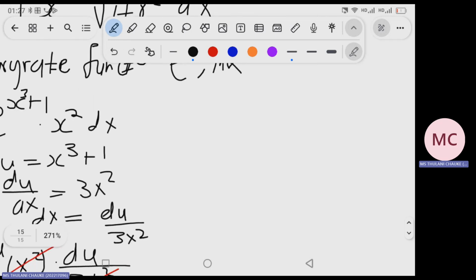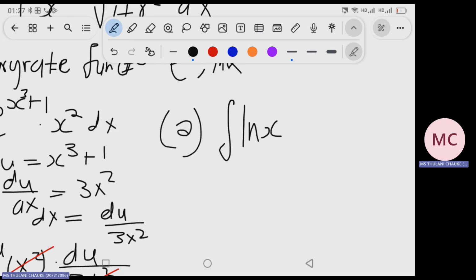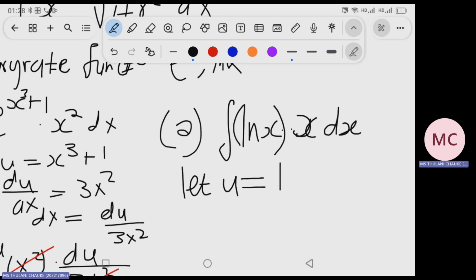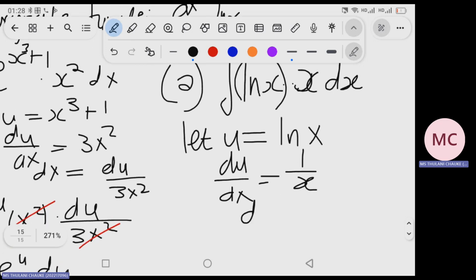And then ln x, when they are talking about these ones, means they can say integrate the ln of x multiplied by, let's say, x dx. So this one you can say let your u be equal to ln of x, and then du over dx will be 1 over x, and then dx will be equal to x du.